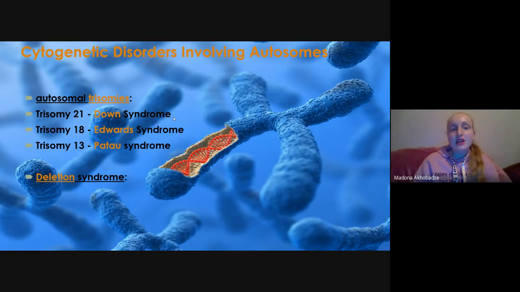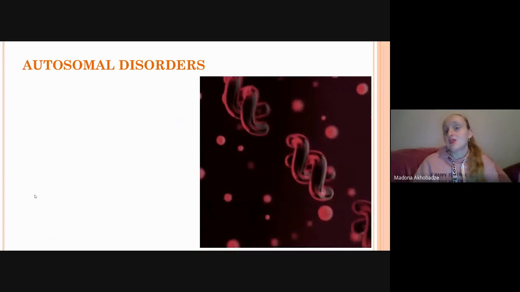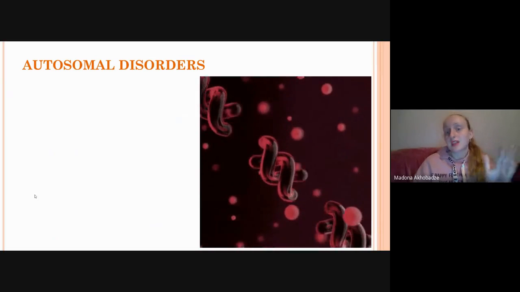Other than the trisomies, we've got a deletion syndrome, which is Cri-du-Chat syndrome, or Mewing-Cat syndrome. This is the partial deletion of the short arm, p petite, of chromosome 5. So 5p is deleted, and we've got Cri-du-Chat syndrome, and we're going to discuss all of these four and others more.